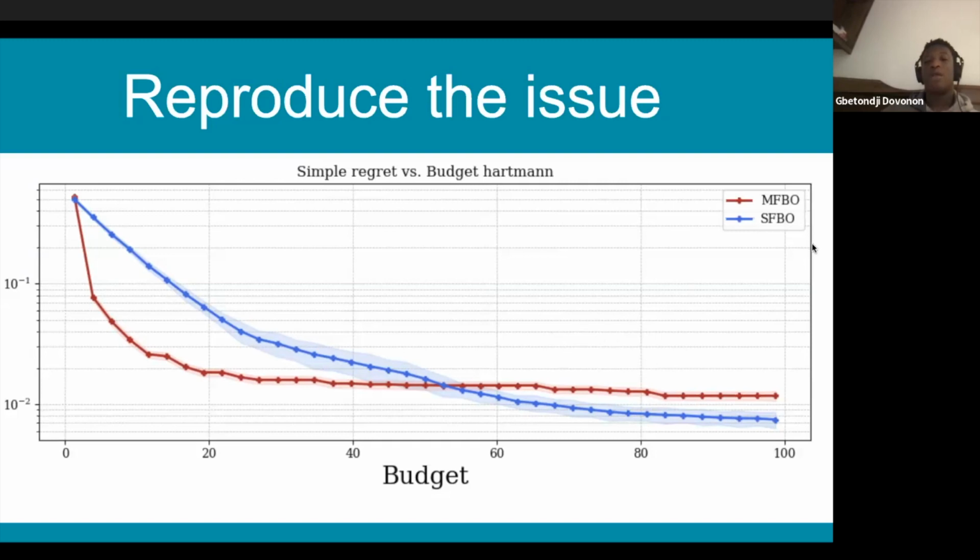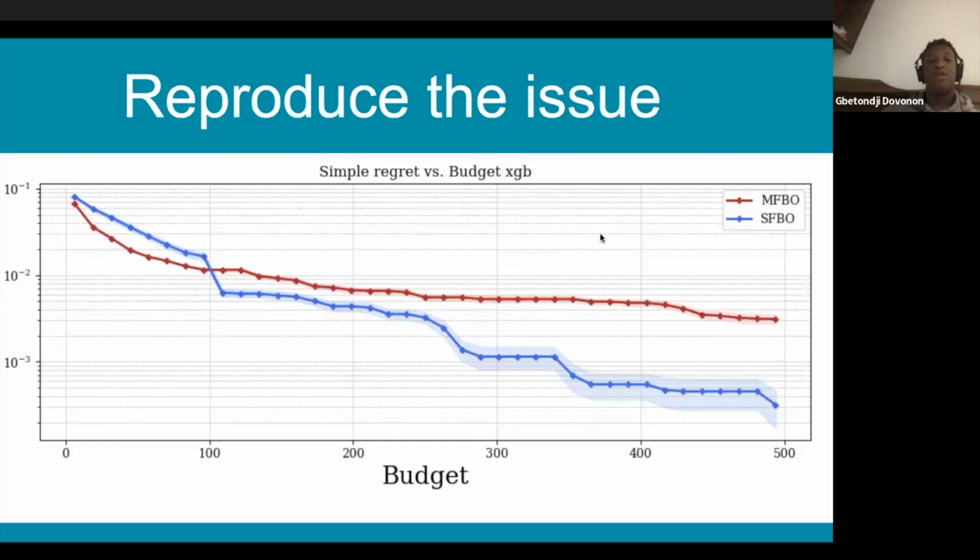And on another one, which is XGB, the first plot we made stopped at a budget of 100, where the multi-fidelity one was still outperforming it. But when you extend the budget all the way to 500, you see that in the long run, once again, the single fidelity method outperforms it.